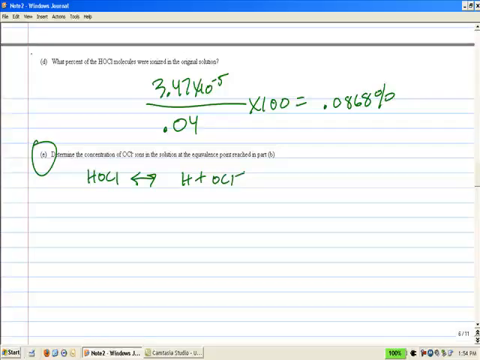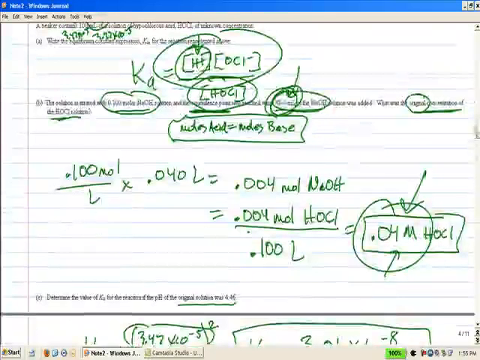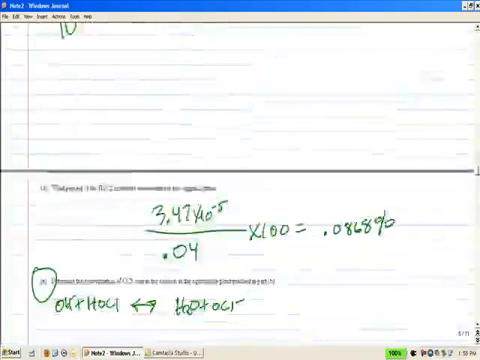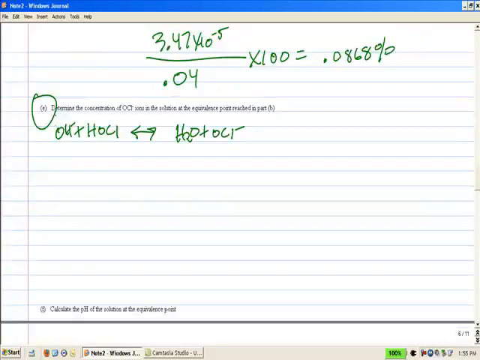And then we're going to titrate it with some base. So when you add a base, remember that you add it to both sides. So when you add hydroxide to this side, it becomes H2O. And on this side, you get OH minus. Now, according to the data that we did in part B, we found that there has to be 0.004 moles of base that react to reach the equivalence point.